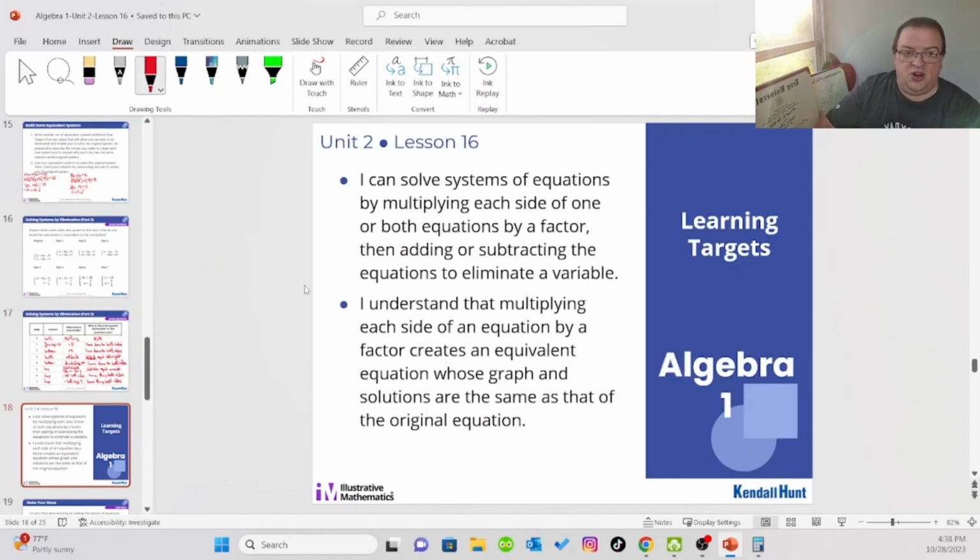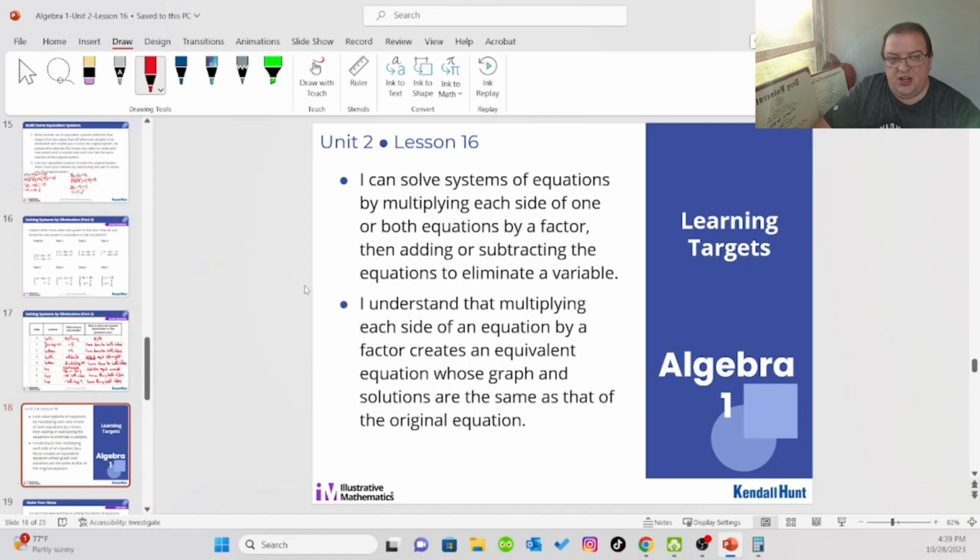So, the learning targets in this lesson, number 1, I can solve systems of equations by multiplying each side of one or both equations by a factor, then adding or subtracting the equations to eliminate a variable.